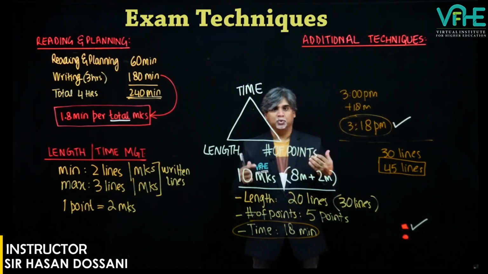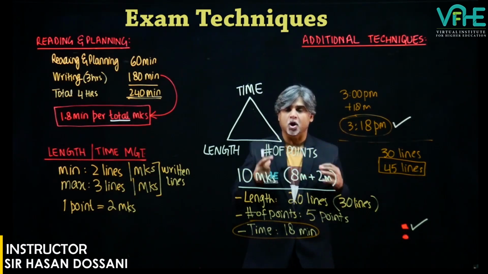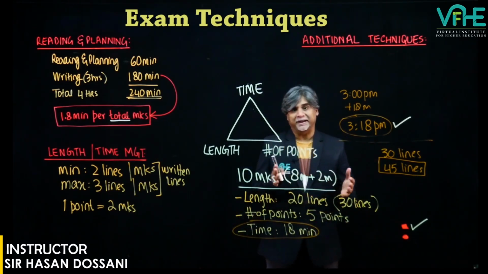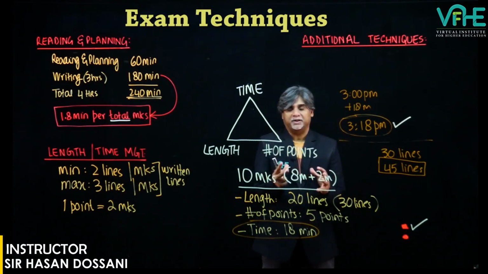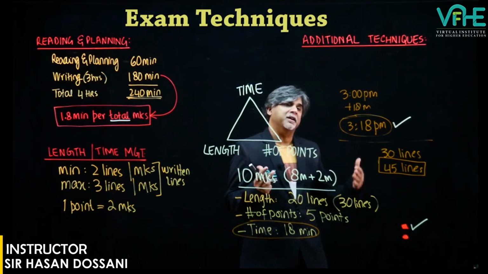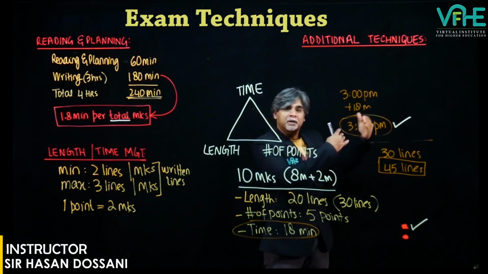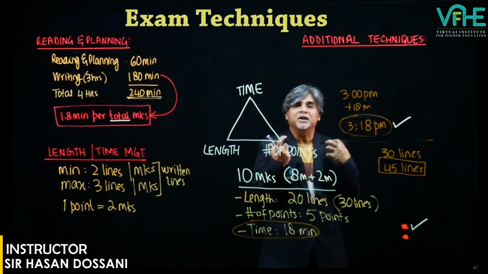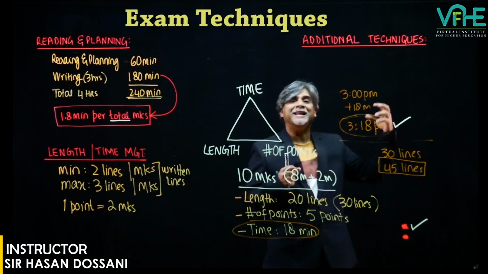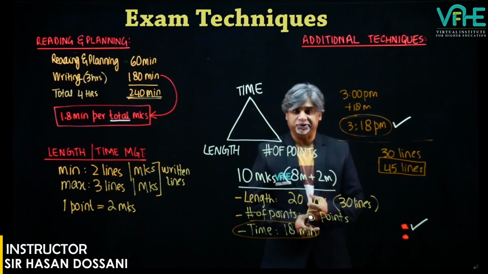So what happens when you actually reach 3:18 and your answer is still not complete? Many students, they tend to continue writing because they want to save their answer, but not realizing that now they are overrunning their time, and the overrunning of time will eventually pile up, and then in the end you will not be able to complete the paper, and most likely you will miss the last requirement, which normally carries 10 to 15 marks.